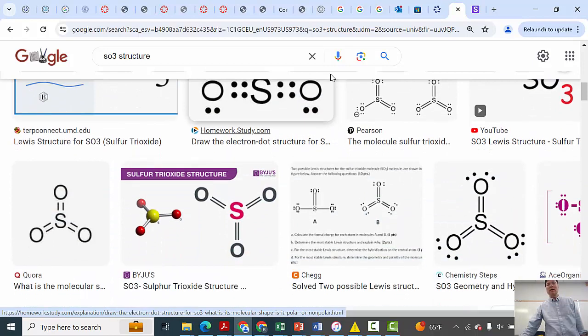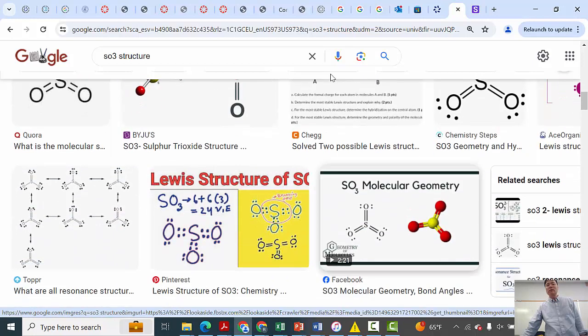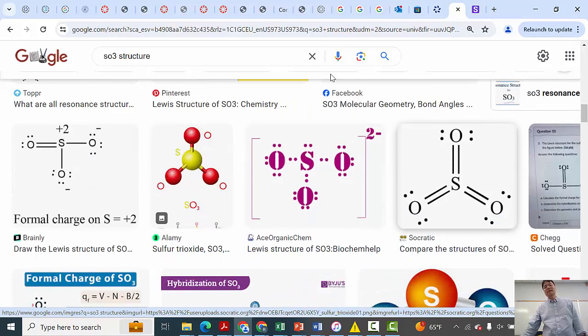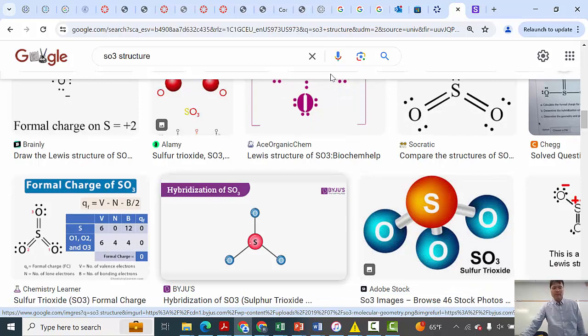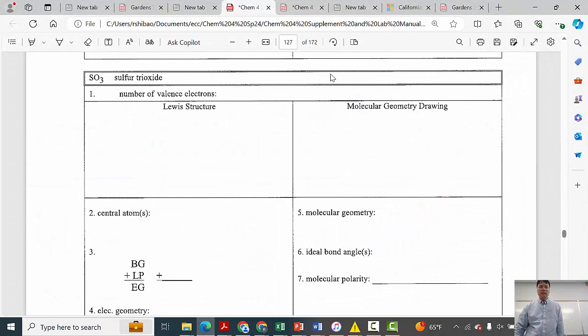As better and better data comes out, then we can refine our understanding of these things. But you look at most of these structures here, and most of them have 3 double bonds. When it has the double bonds, it looks like a fidget spinner. Yeah, it does. And in fact, it has the exact same shape as the fidget spinner here. All right, so that's a tough one. Tough call.